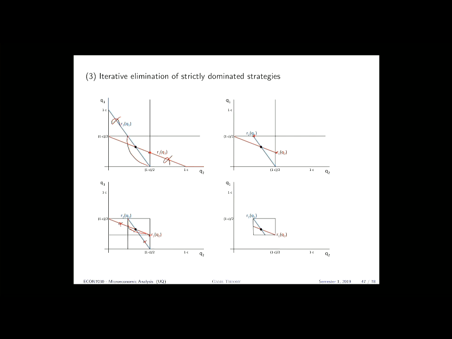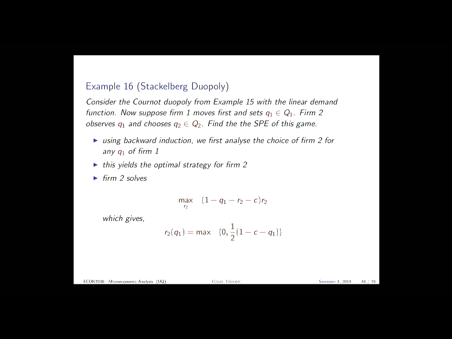Now, this is how you can change the simultaneous game from quantity to price. But there's another way to change these games, and that is to change the timing of the game. For instance, one very famous equilibrium concept that we know from duopolies is a Stackelberg duopoly. That is where players move sequentially.